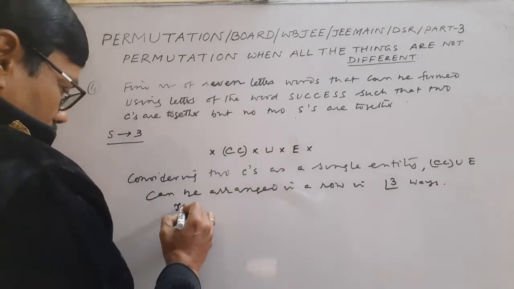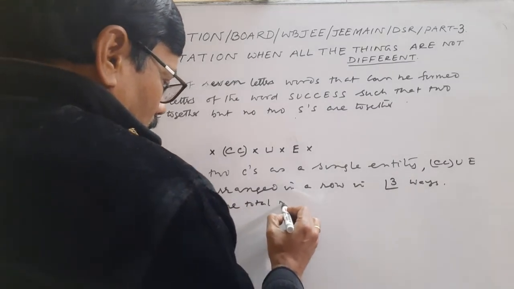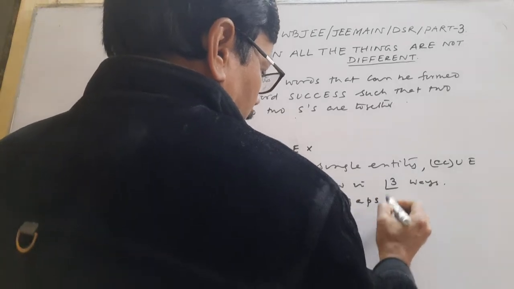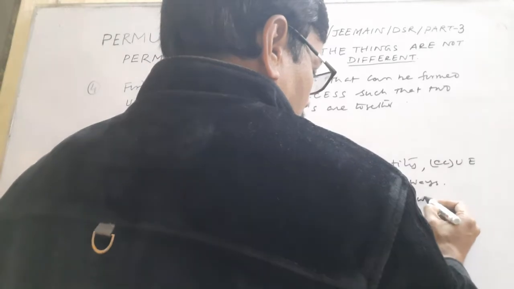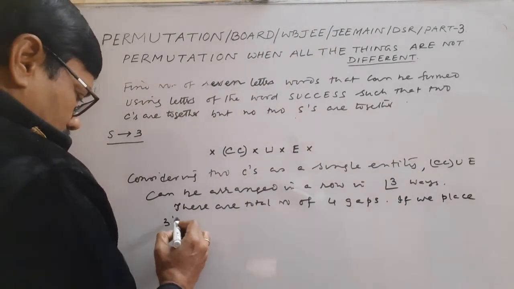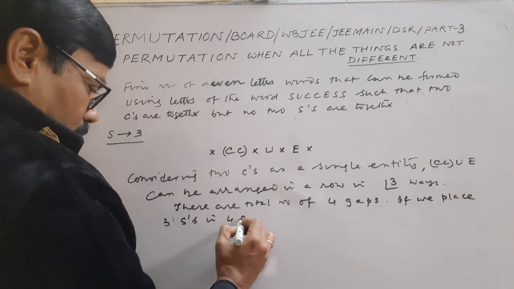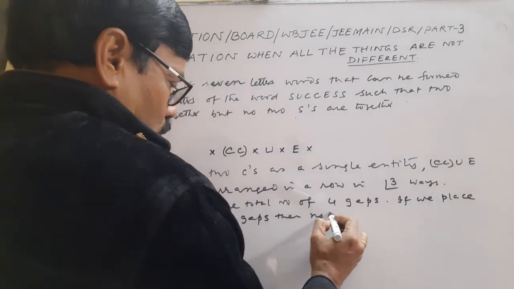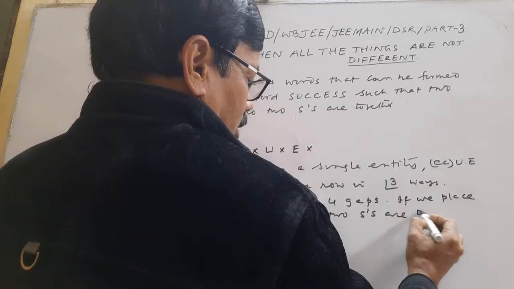Now there are a total of 4 gaps. If we place 3 S's in 4 gaps, then no two S's are together.